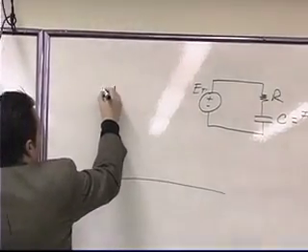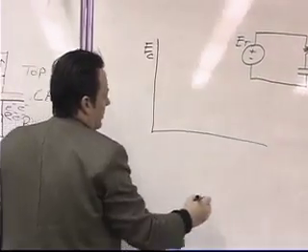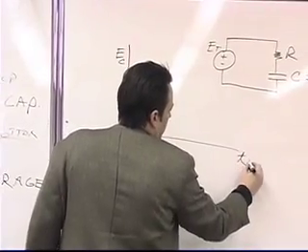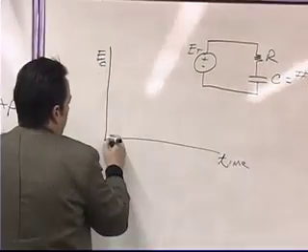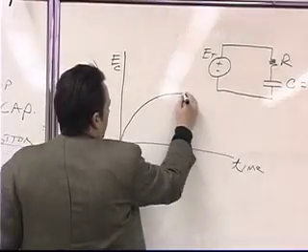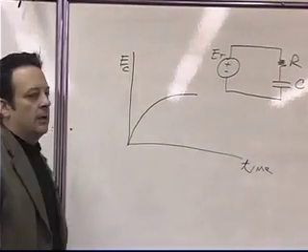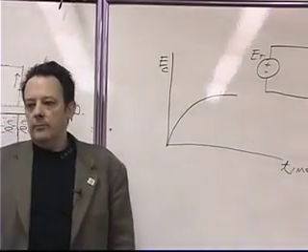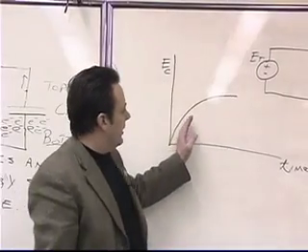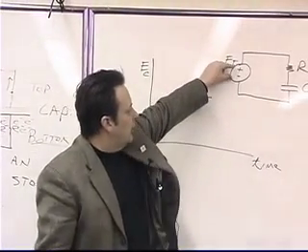If we plot the voltage drop across the capacitor versus time, we end up with a curve that looks like that.